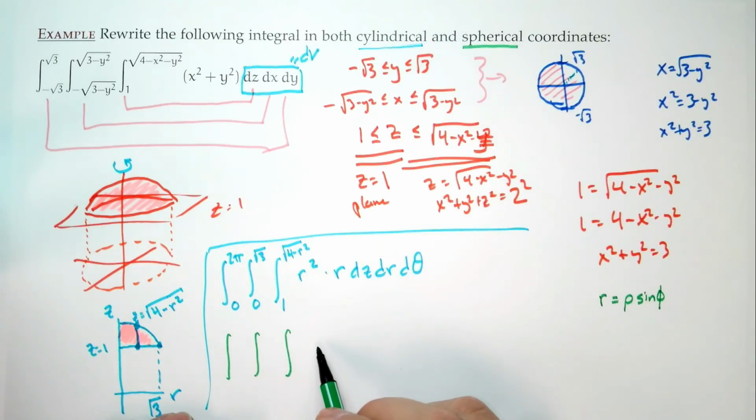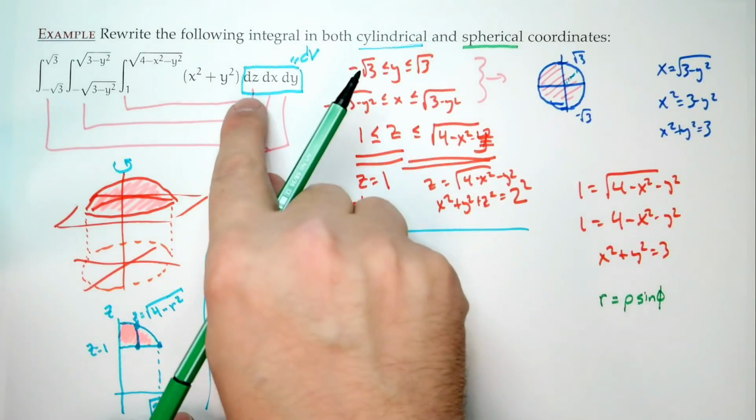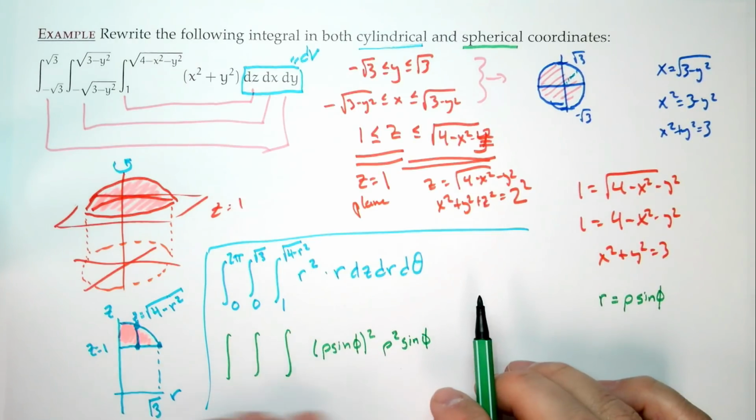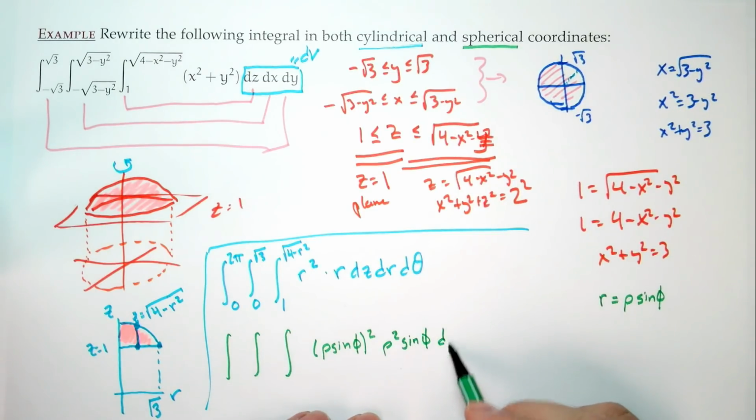So r squared becomes rho sine phi squared. The dz dx dy, our dv term, becomes rho squared sine of phi. There are lots of rhos and sine phis here: d rho, d phi, d theta.